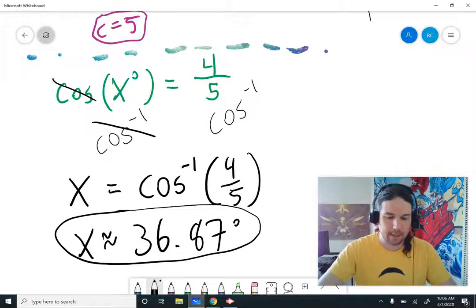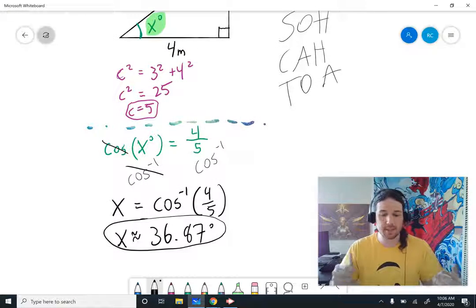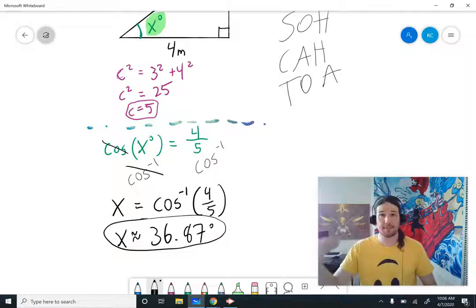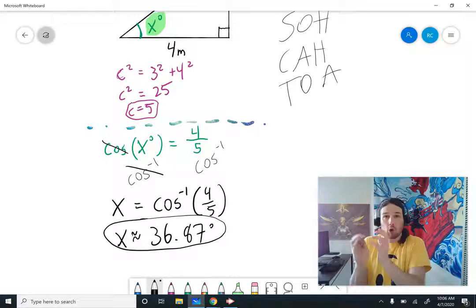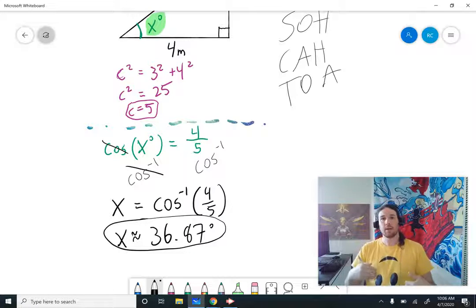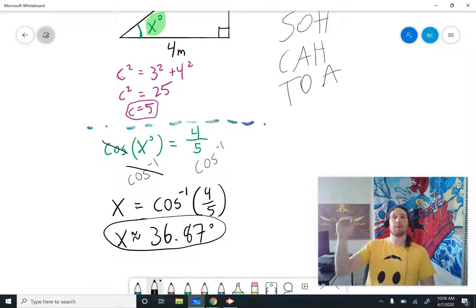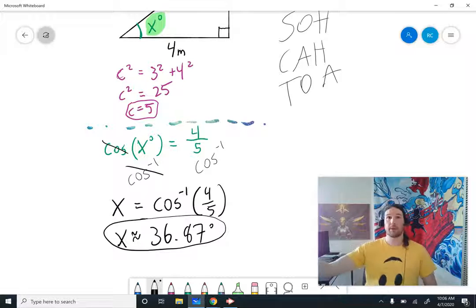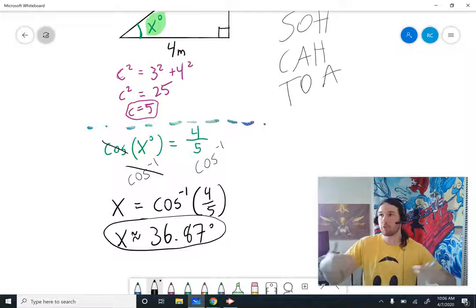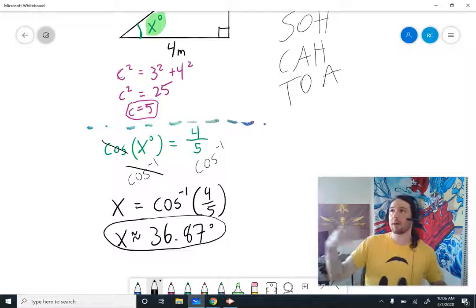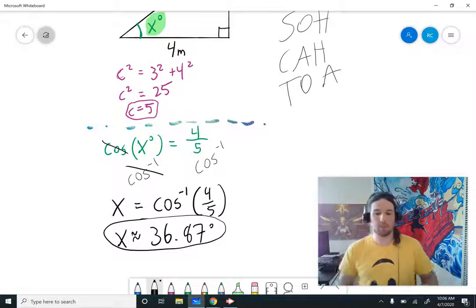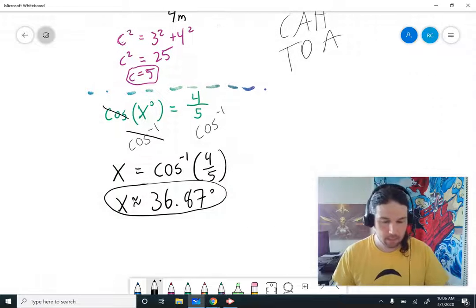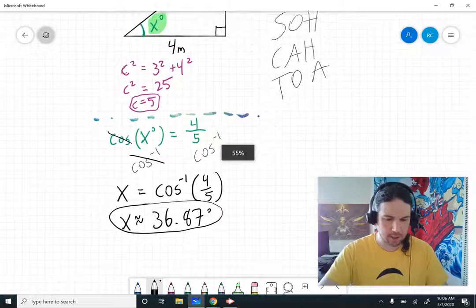So if cosine is defined as the adjacent leg divided by the hypotenuse, it must always be less than 1. It's always going to have a bigger number on the bottom of the fraction and a smaller number on the top. It's impossible for cosine to spit out anything that's bigger than 1. It's just not possible. There is no ratio of adjacent over hypotenuse that will give you a number that's more than 1.